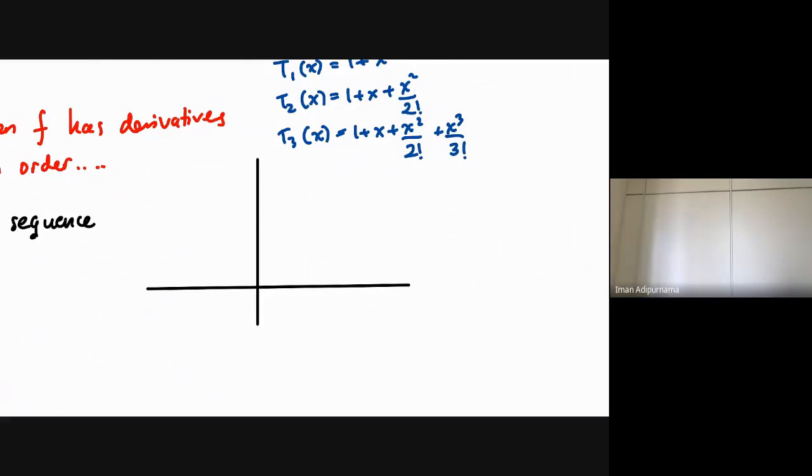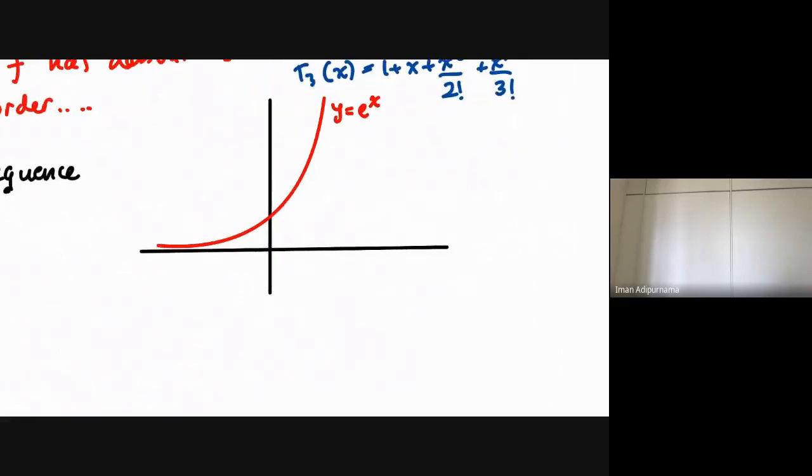Let me draw the e to the x first. Y is e to the x, and this is the point 0, 1.